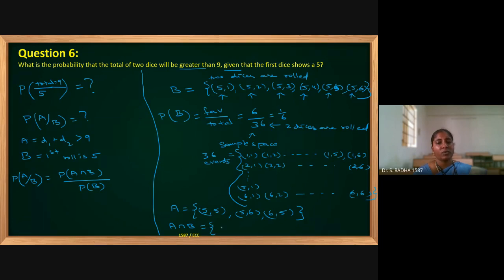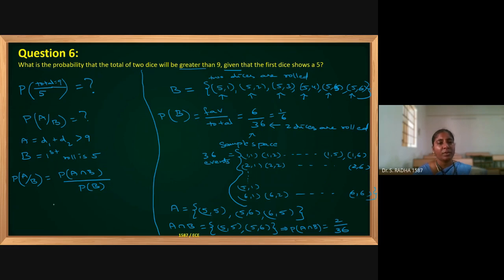First draw 5, only these two are satisfying. 6 comma 5 will not hold for the intersection because the first draw is giving 6. Our condition B is that the first draw should be 5. So the probability of A intersection B is only two cases out of the total sample space 36.